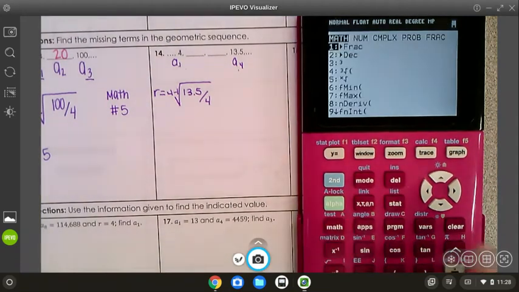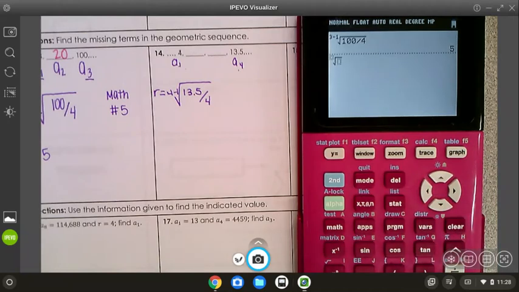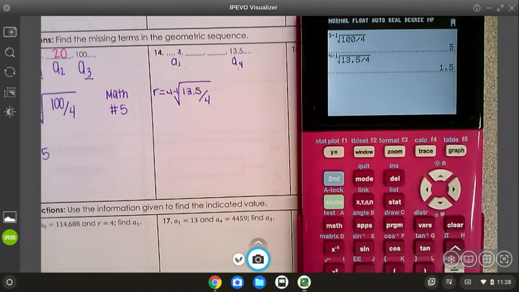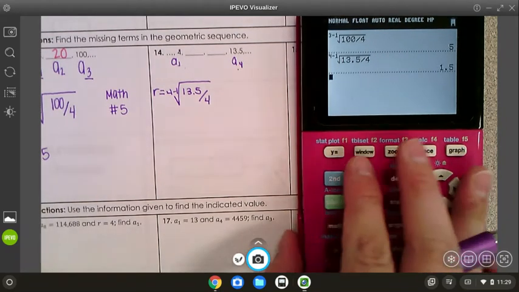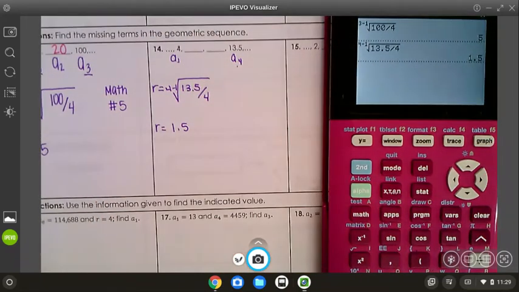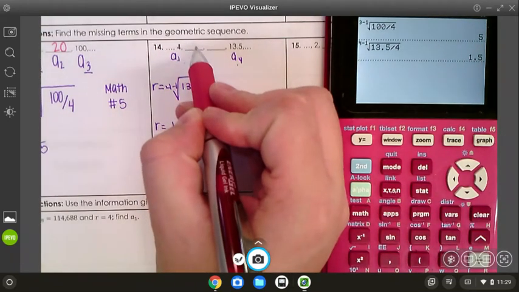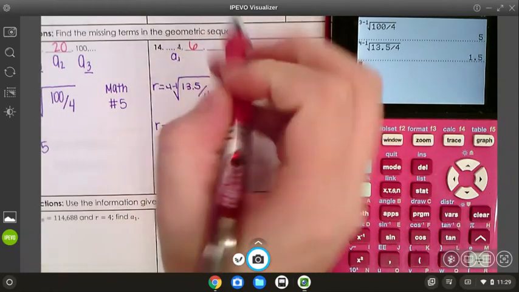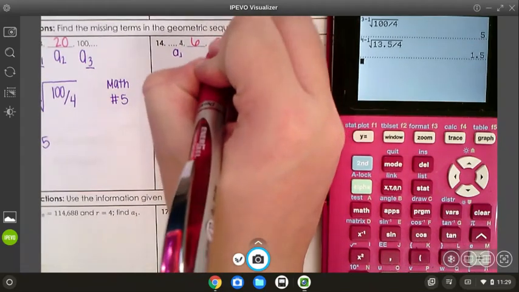So we go to math number 5. It tells us that r is 1.5. You probably wouldn't have figured this one out by guessing and checking. So 4 times 1.5 is 6, times 1.5 is 9.